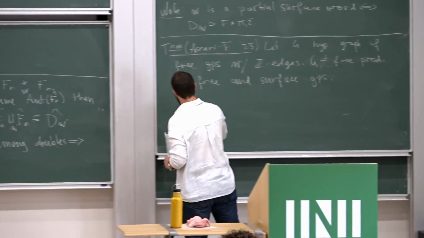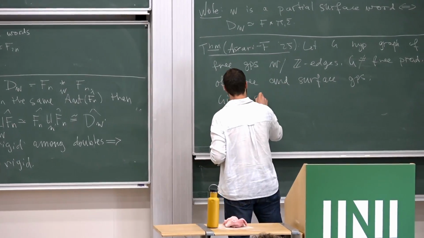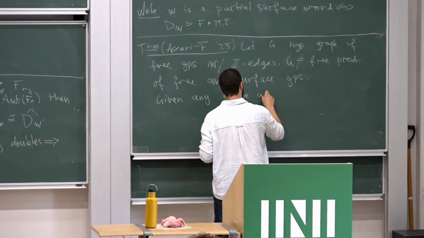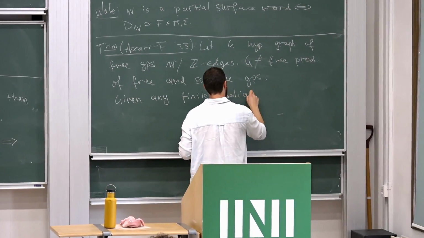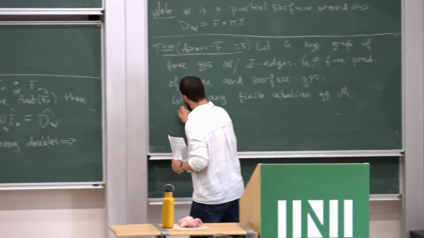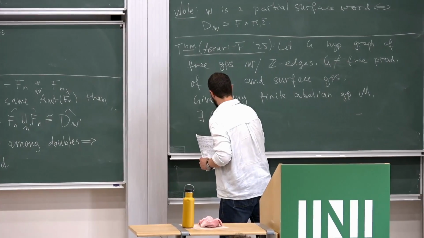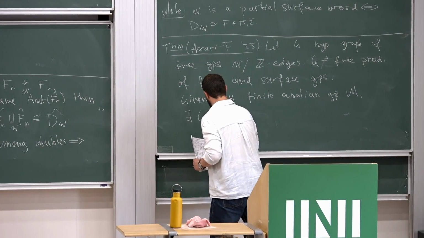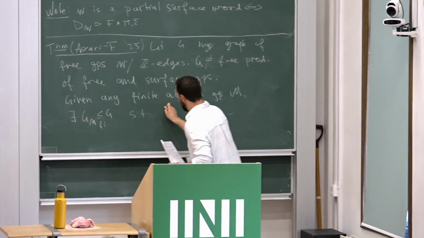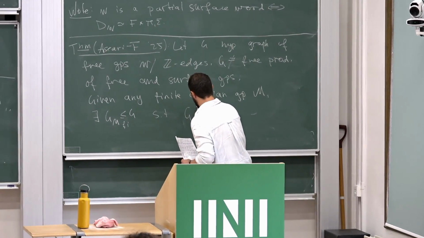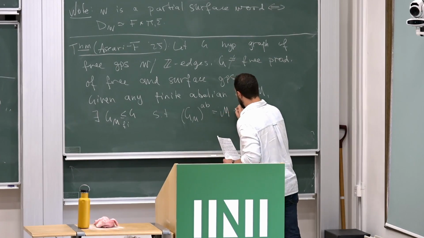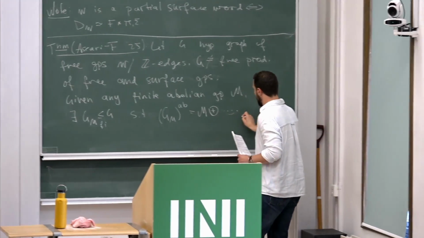So given any finite abelian group M, there exists a finite index subgroup G_M of G such that the abelianization of G_M has M as a direct factor.